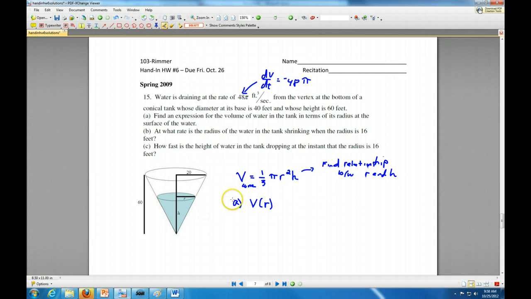And what we use is similar triangles. There are two triangles here: the big triangle and then the smaller triangle.